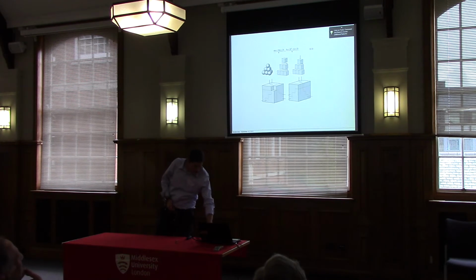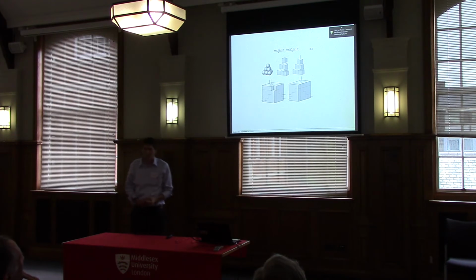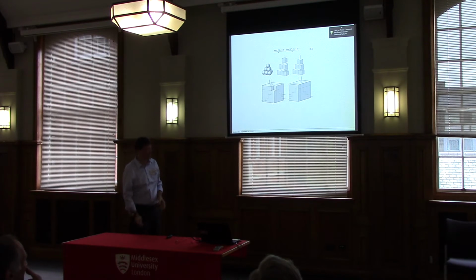And here is a possible explanation of how they might have found this formula a long time ago. If you take the pyramid and make the balls into cubes and push them all to one side so that they line up in columns, then this formula n times (n plus 1) times (n plus 2) over 6 could be interpreted as the number in a rectangle but divided by 6.